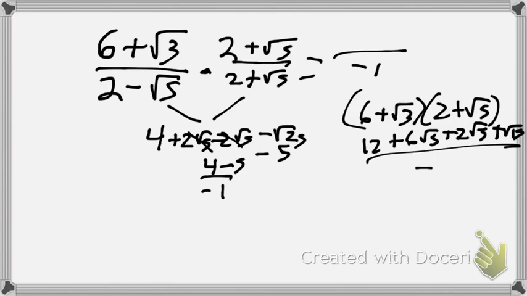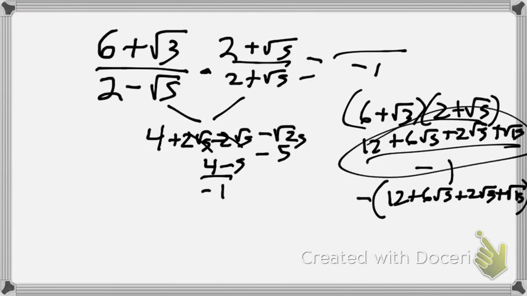But we're dividing all of that by negative 1. So instead of leaving it like that, I would just do negative and then 12 plus 6 radical 5 plus 2 radical 3 plus the square root of 15. But if you wanted to leave it like that, that'd be okay too.